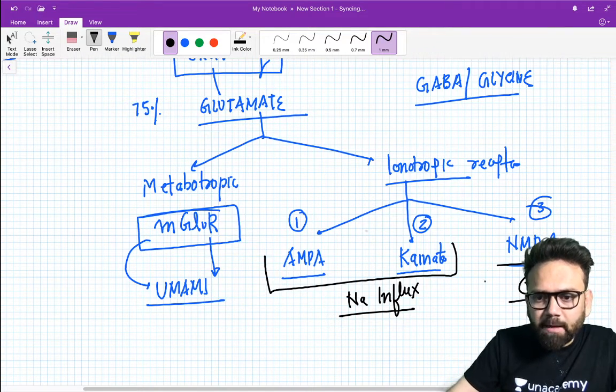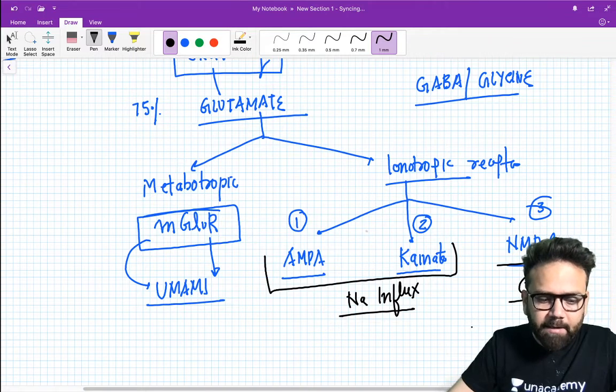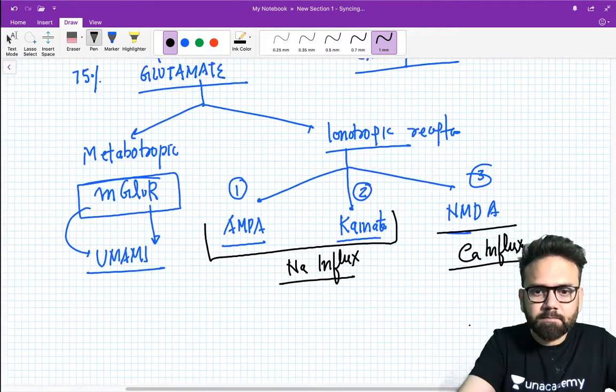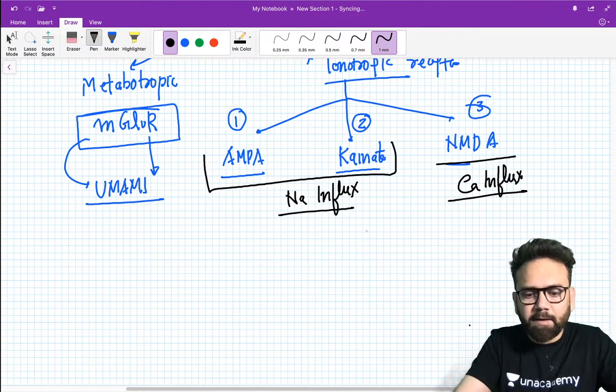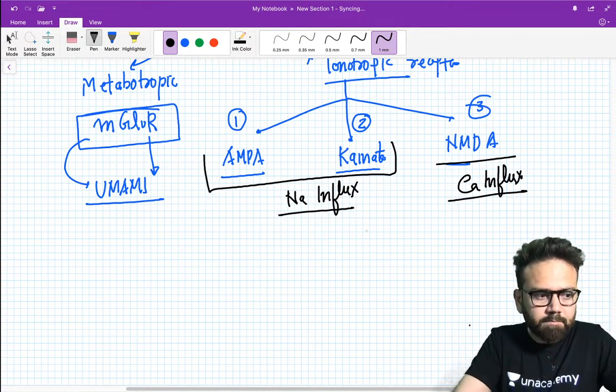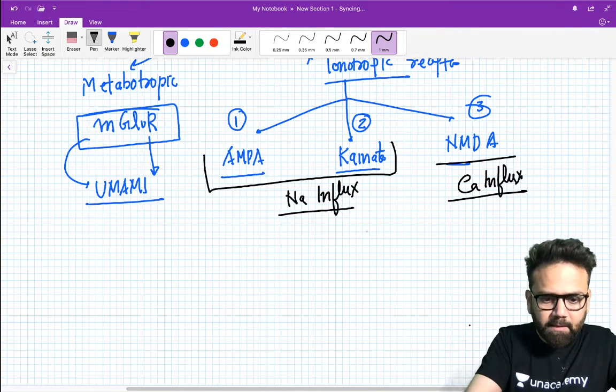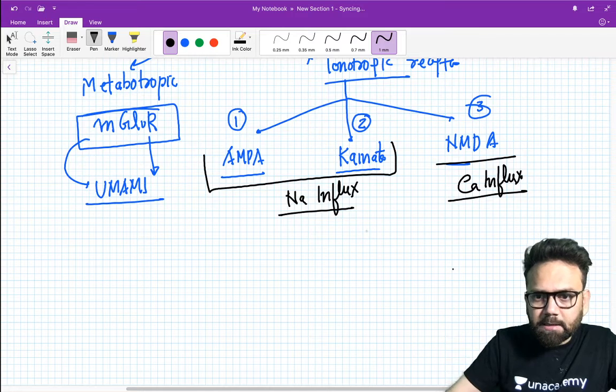And NMDA is blocked by which ion? It is blocked by the magnesium ion.